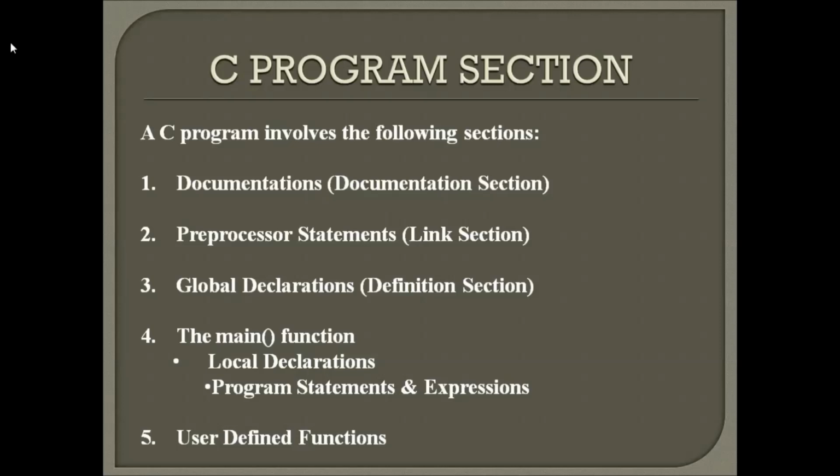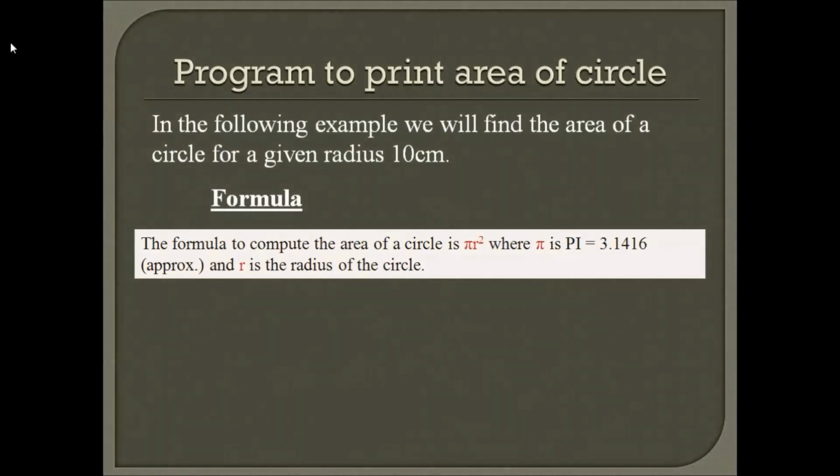To understand the sections in a better way, I am taking an example of a program to print the area of a circle. In this program, my task is to find the area of the circle. To find the area, I need a radius, which I am considering here as 10 centimeter.